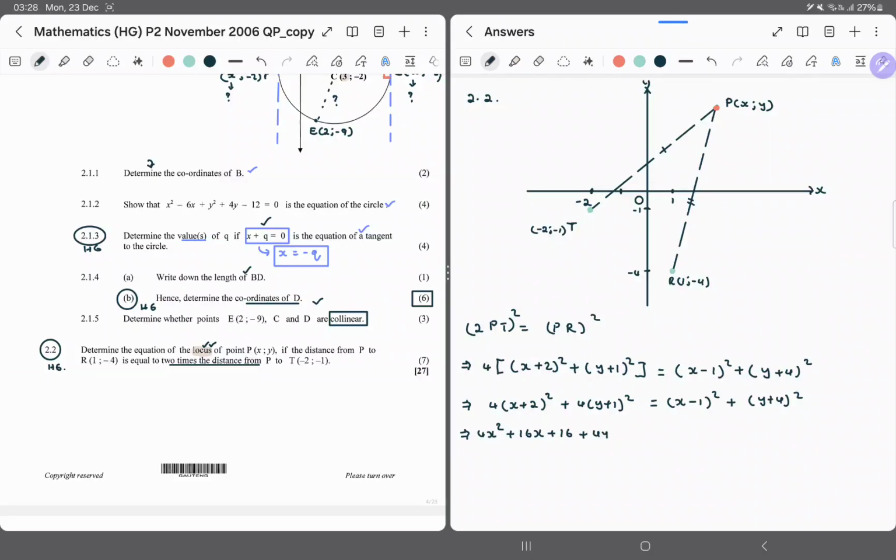Plus we have 4y squared. Plus this is y times 2, that's 2y times 4, that's 8y.